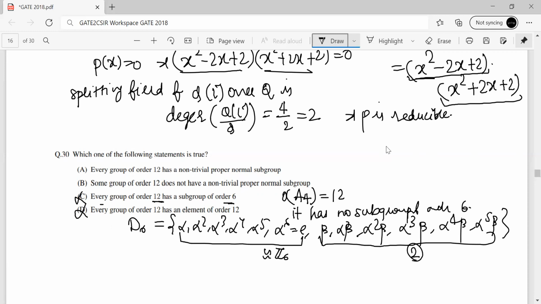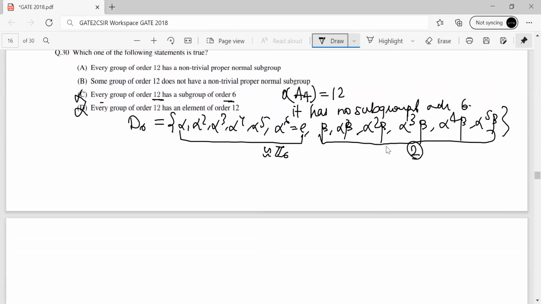Now from the remaining A and B we have to see. It is saying that some group of order 12 does not have a non-trivial proper normal subgroup. We can't say anything directly without applying Sylow. So consider 12 = 2 square into 3.